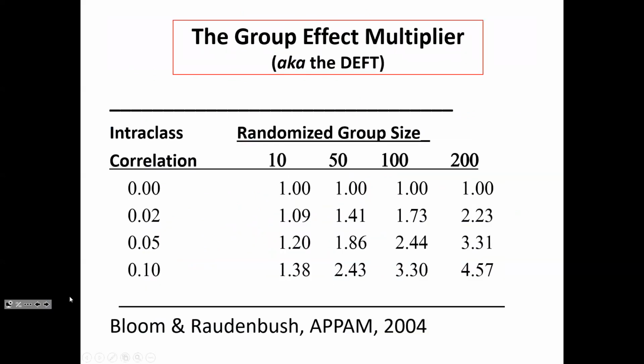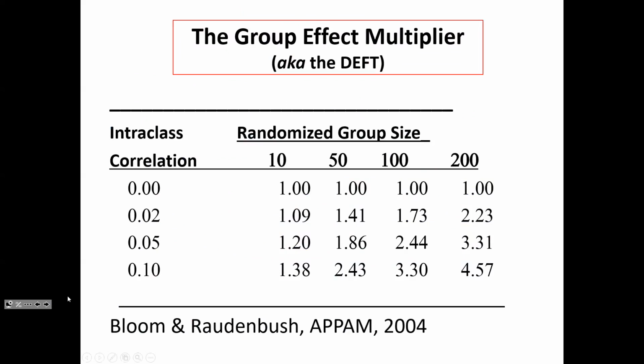Okay, so now imagine, here's our design effect, here's an intra-class correlation coefficient, and here is the randomized group size, the average number of people per cluster. How big does this design effect get?